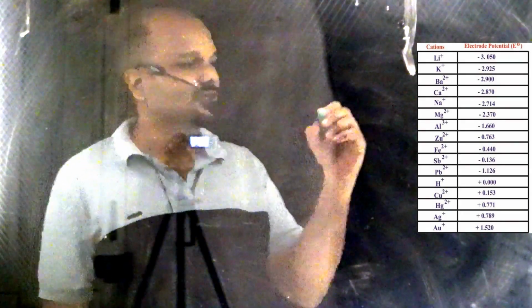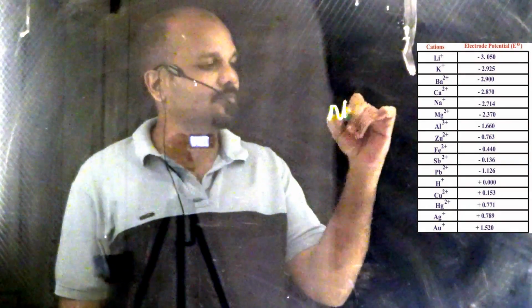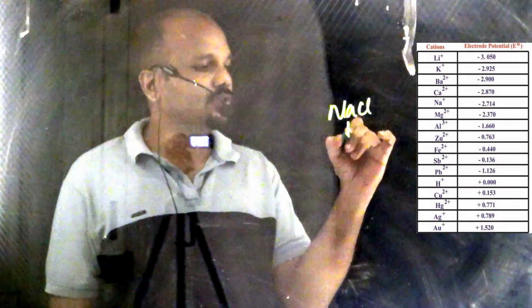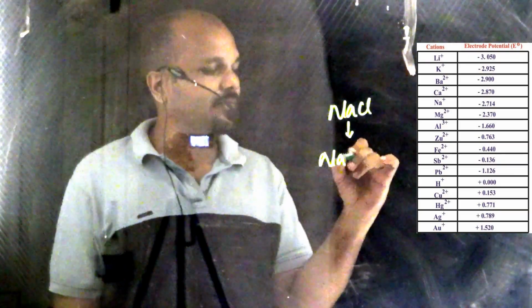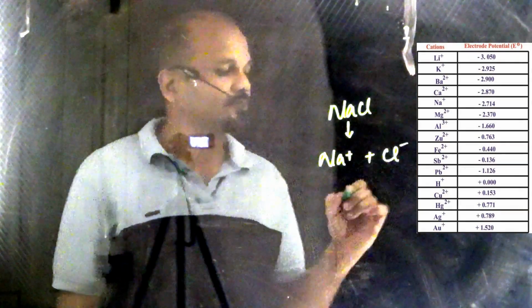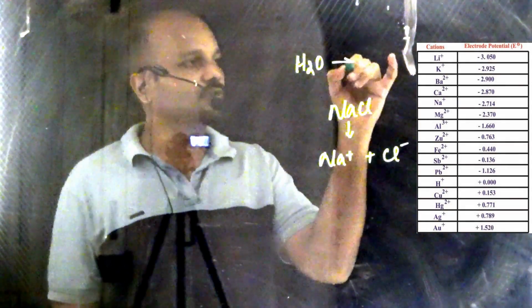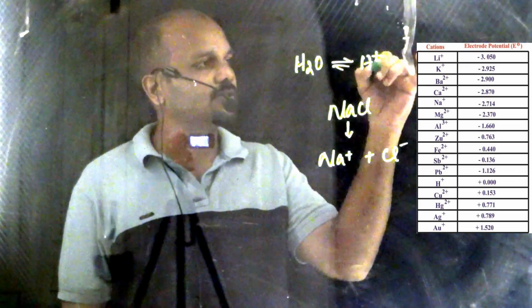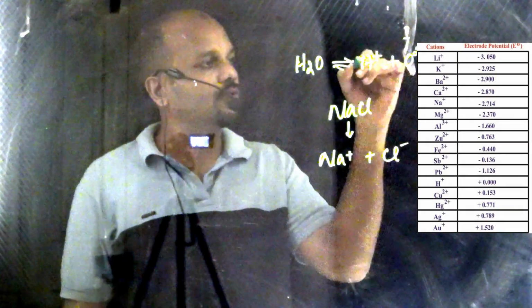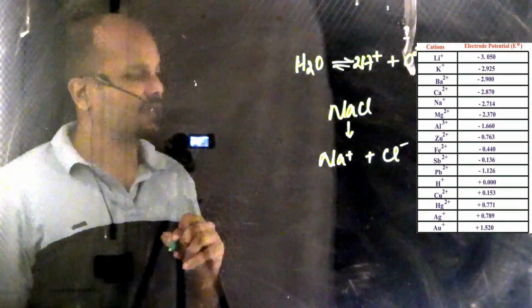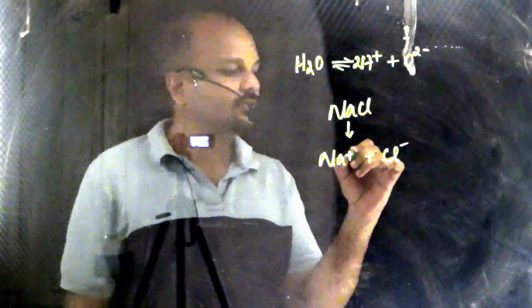For example, check the sodium chloride solution. This is going to dissociate into Na+ and Cl-, and as you are aware, H2O is going to dissociate into H+ and O2-, that is, 2H+ and O2-.